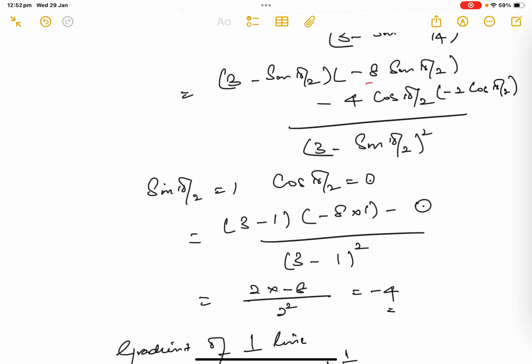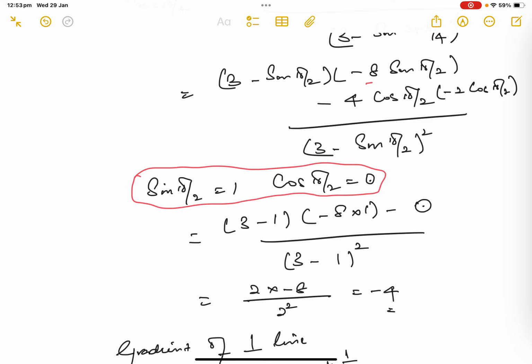So sin π/2 is 1 and cos π/2 is 0. If we substitute all these values: 3 minus 1, minus 8 times sin π/2 which is 1, minus cos π/2 which is 0, so that whole part is 0 and we don't need to do anything further with it.